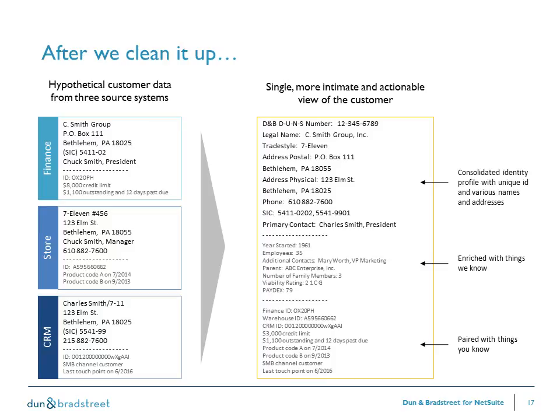So the DUNS number is a unique 9-digit number assigned to every business location in the Dun & Bradstreet database that has a unique, separate, and distinct operation. It stays with a business throughout its entire life and all the changes that a business encounters.